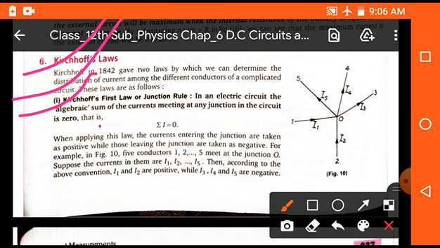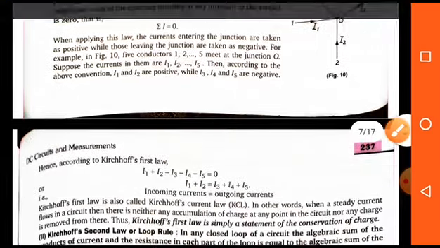According to this rule, the algebraic sum of all the currents meeting at a point O, which is also known as a junction, is 0. From the figure, those currents which are going towards the junction are considered positive, and those currents which are going away from the junction are considered negative. So this is the first law.